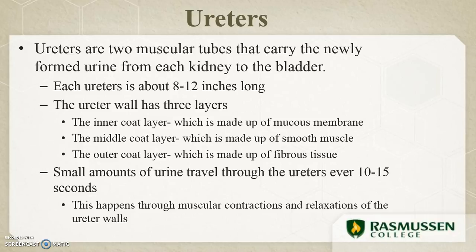And every about 10 to 15 seconds, we don't know it, but a small amount of urine will travel from the kidney through the ureter to the bladder. This happens through muscular contractions and relaxations that we are not controlling. That's part of that peripheral nervous system, or that involuntary nervous system that we have, if you remember that from last week.